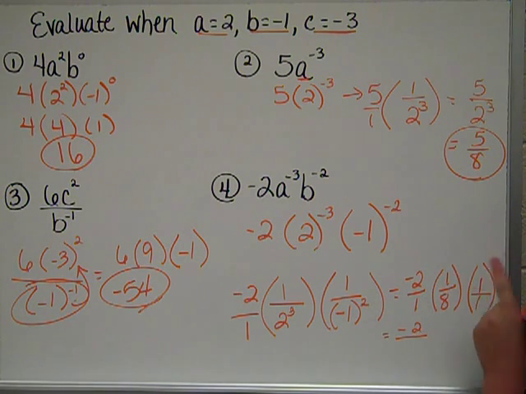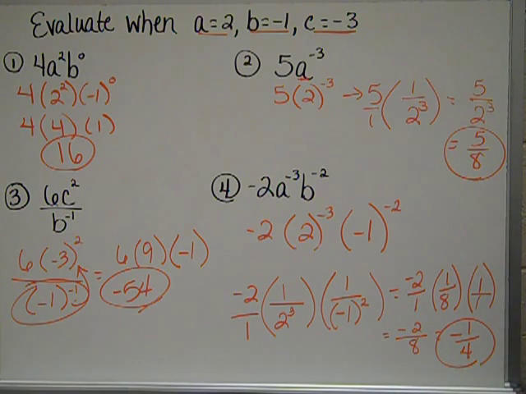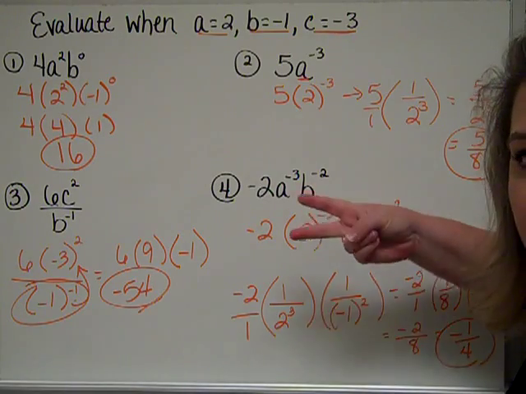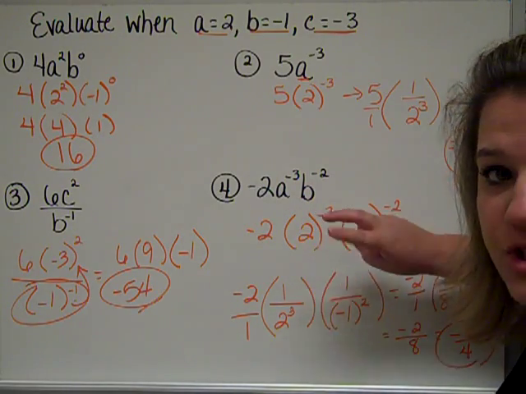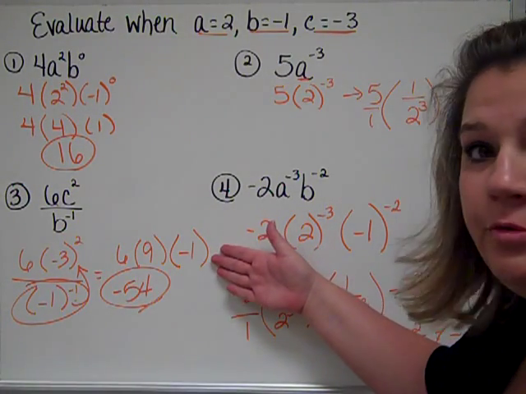Then we have 1 times 8 times 1, which is 8. So when it's all said and done, that's -1/4. So from this, we know that with the negatives, they're going to flip. They're going to change positions. If they're negative in the bottom, they come up into a whole position.